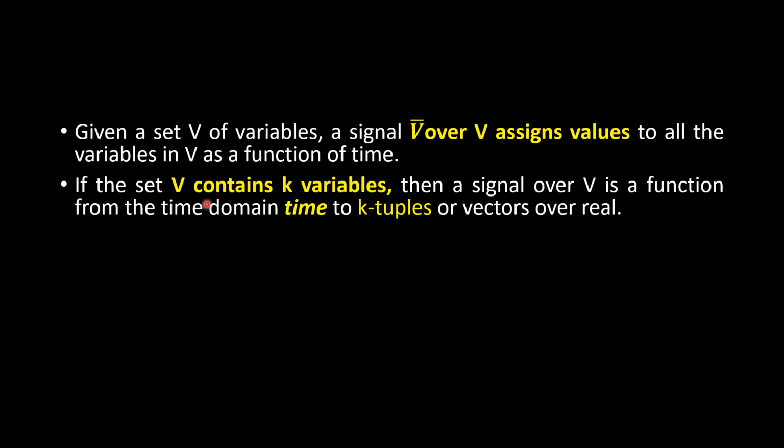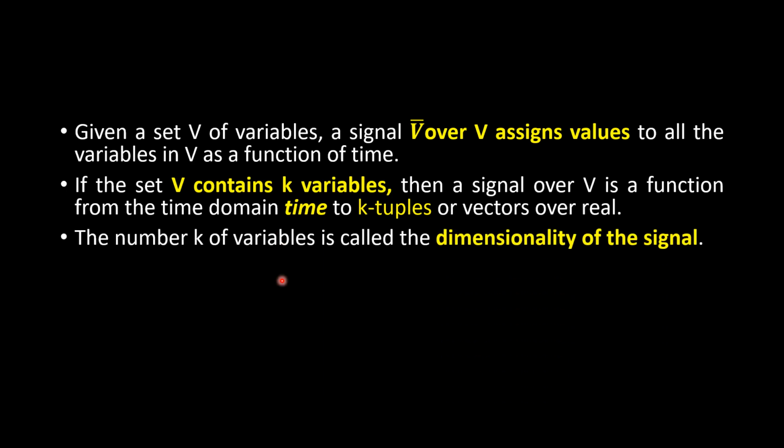So if a set V contains k number of variables, we have to assign values to all the k variables. So the number k of variables is called the dimensionality of the signal. When the set V contains k number of variables, then that k is called the dimensionality of the signal. That signal has that many dimensions.